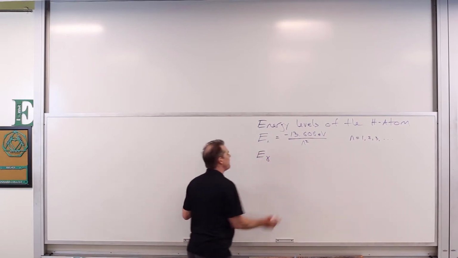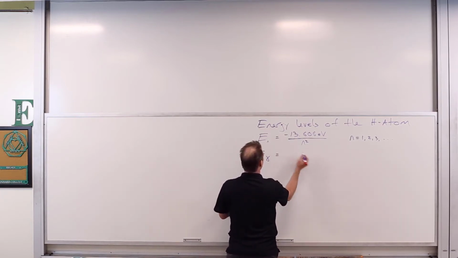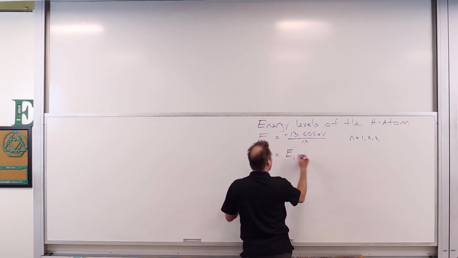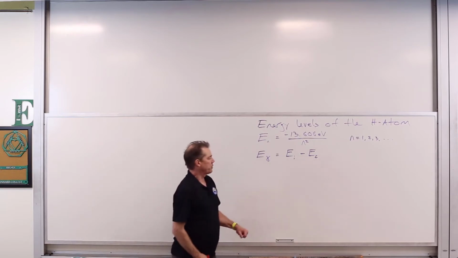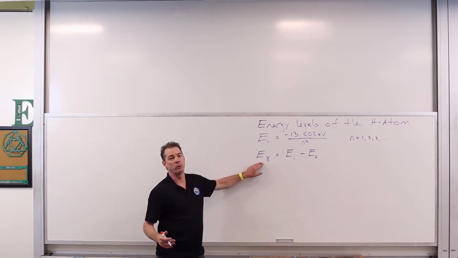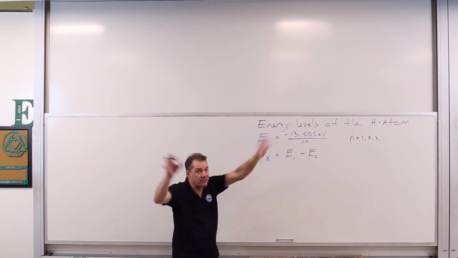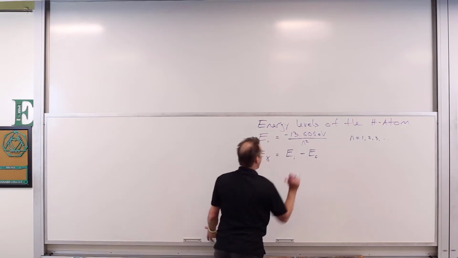And then we had the energy of the emitted photon, E sub gamma, equal to E initial minus E final. Because we're going from a higher energy level to a lower energy level, we want the energy of the photon to be positive, because that's spit out, so we take the initial minus the final.